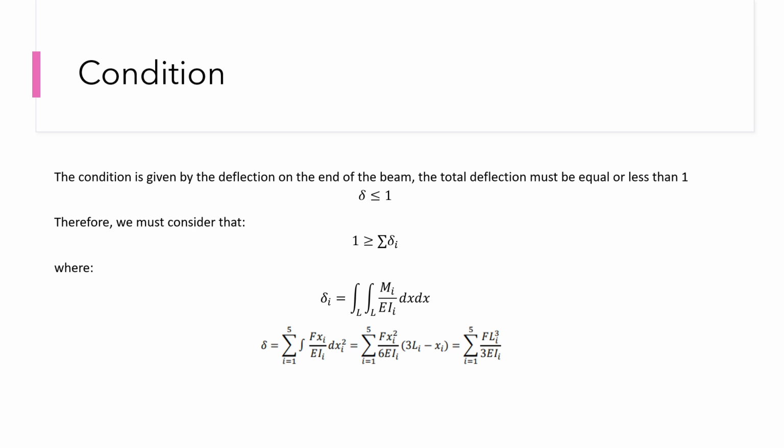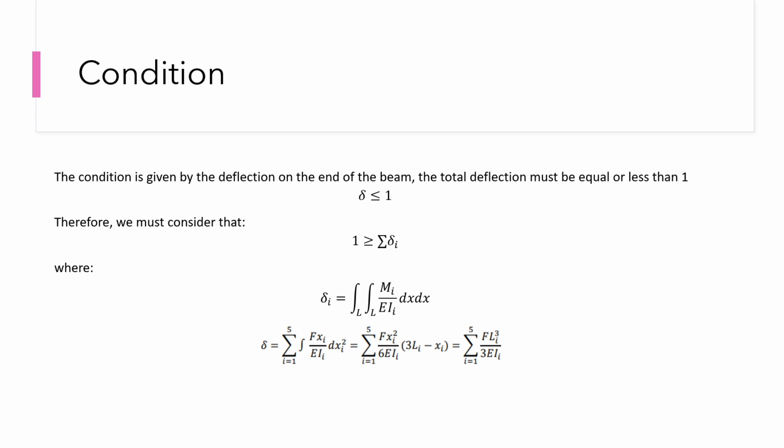So we need to calculate the deflection of each segment, considering that the applied force is always applied on the end of the segment.